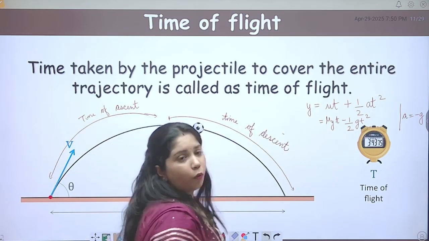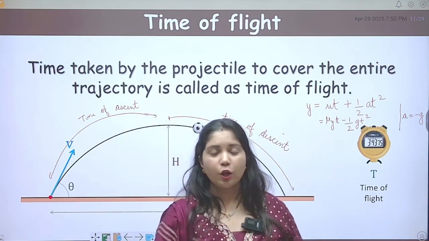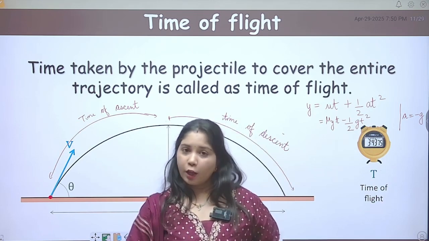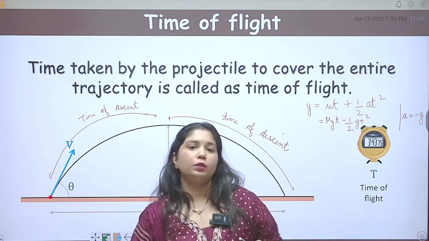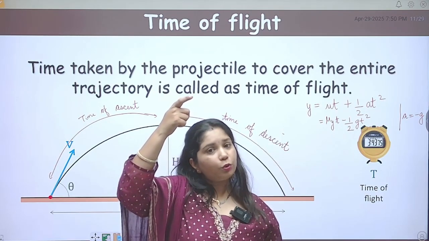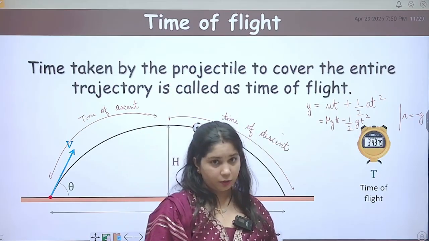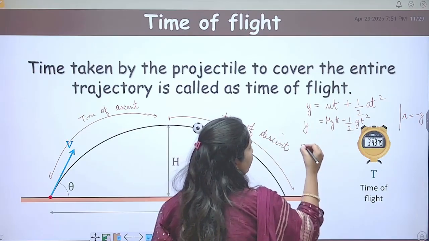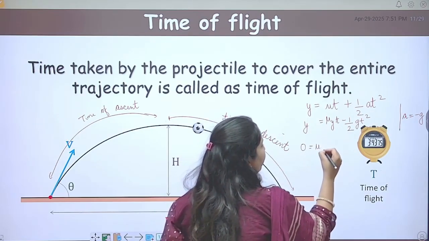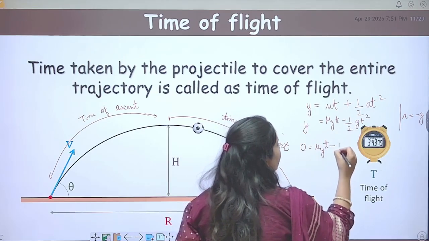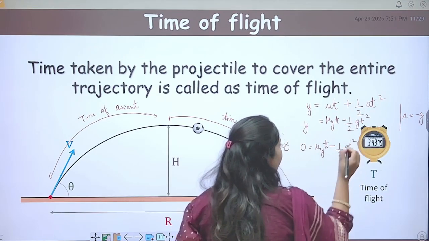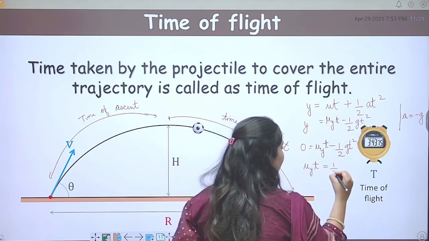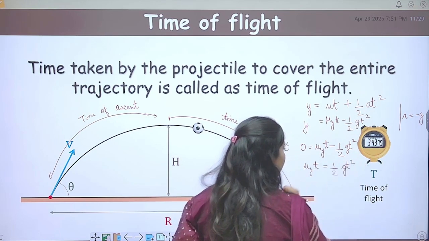Now, what is displacement? Displacement is the shortest path between the initial position and the final position. See, if you initially project a stone, it goes up, and due to the influence of gravity, it again comes back. So displacement is 0. So I can write displacement equals 0. So uy t minus half of gt square equals 0. Solving, uy t is equal to half of gt square.